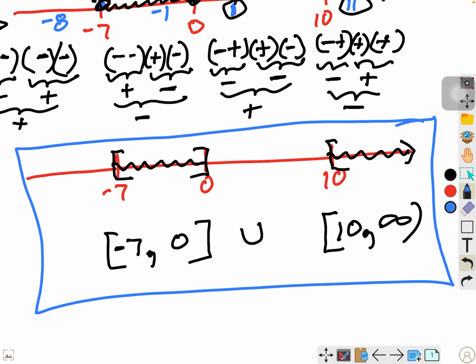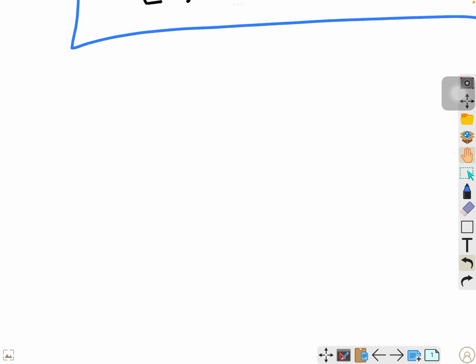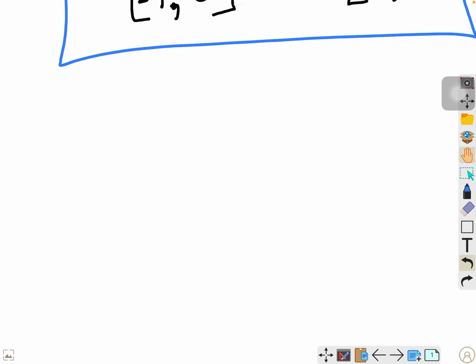Okay, so that leads us to problem number 5. Which looks like this. And this is a 4-termed polynomial.